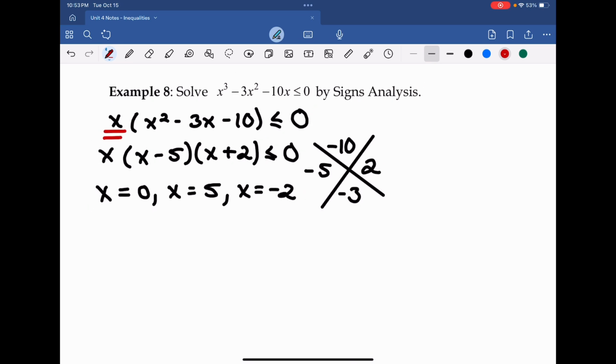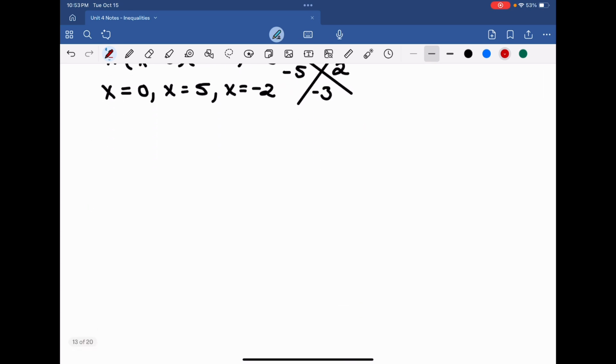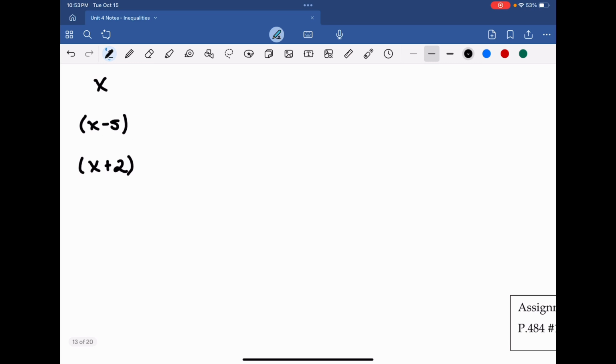All right, now we see this as our 3 x-intercepts. So if we want to do our sign analysis on this, we're going to create a table below, and I recommend that we start by writing out what our factors were. So we're going to have x for our first one, x minus 5 for the second, x plus 2 for the third one, and then we want to write them all together. So it's going to be x times (x minus 5) times (x plus 2) less than or equal to 0.